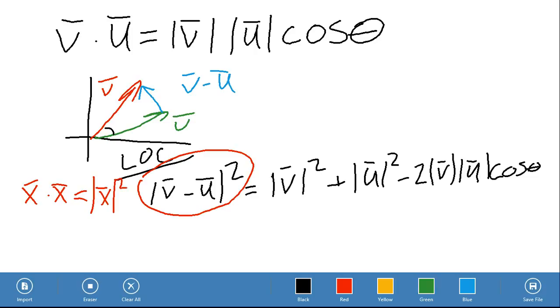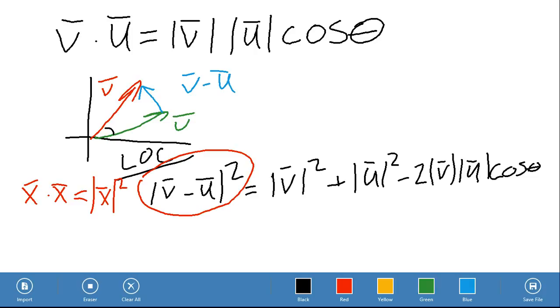Well, if instead of using x, we use this vector v minus u, then we can substitute this in. We can use this property that I actually proved for you last time in order to prove this new property for you. And so what this is going to say is that this red circled term is equal to v minus u dotted with v minus u.